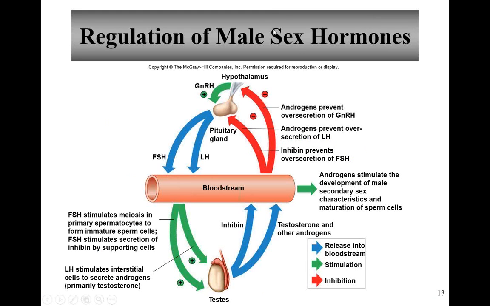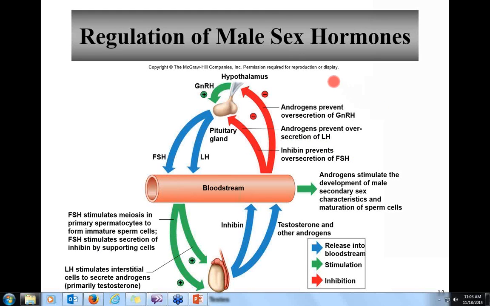And what this chart is showing you is that it is all done via negative feedback. And again, the hypothalamus releases gonadotropin releasing hormone, which travels through the blood and stimulates the anterior pituitary to release the gonadotropins. That's follicle stimulating hormone and luteinizing hormone into the bloodstream.